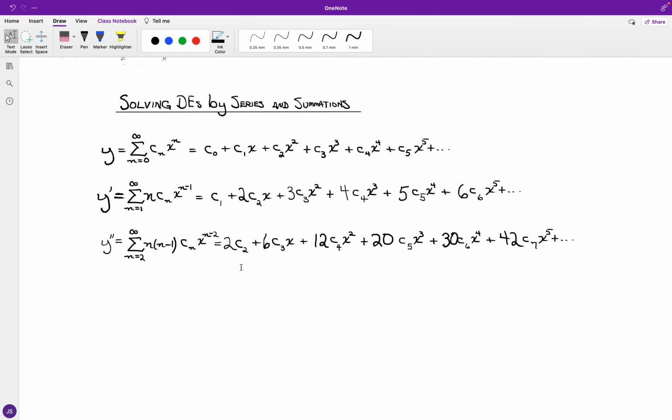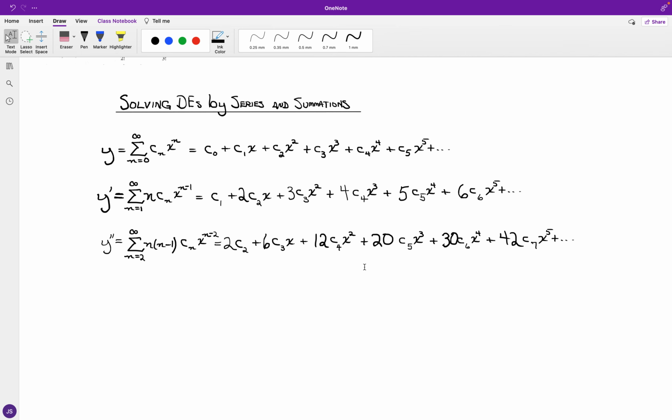Our first term is 2 c sub 2 plus 6 c sub 3 x, and so on. So in the expanded notation, I take the derivative of y to develop y prime, and then take the derivative of that to get the series for the second order derivative.